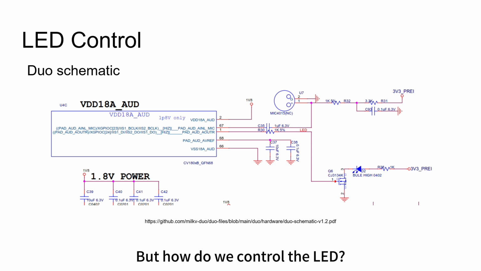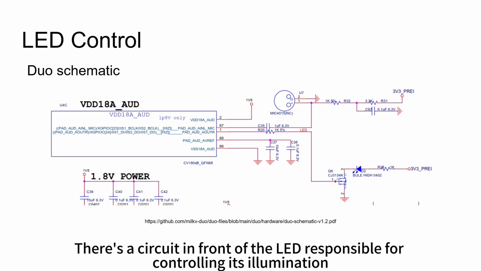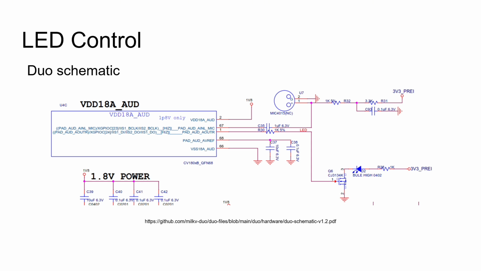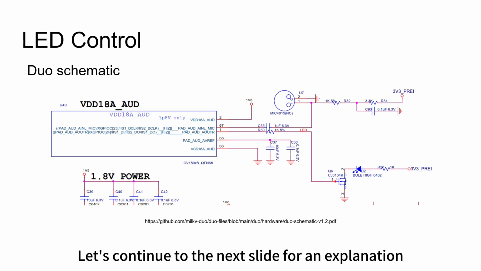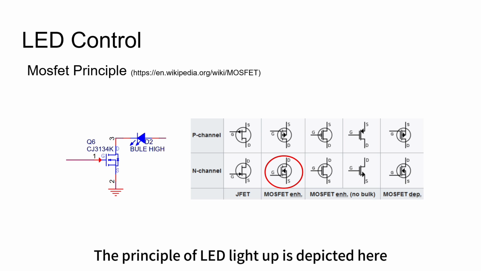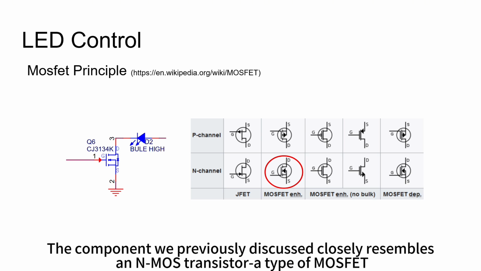But how do we control the LED? There's a circuit in front of the LED responsible for controlling its illumination. Let's continue to the next slide for the explanation. The principle of LED light up is depicted here. The component we previously discussed closely resembles an NMOS transistor, a type of MOSFET.